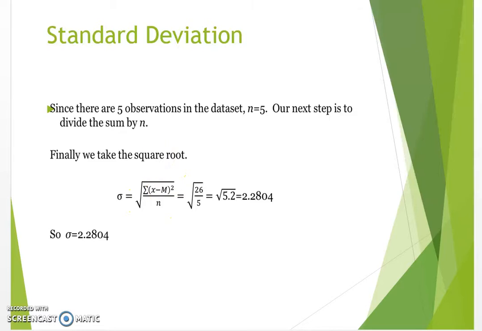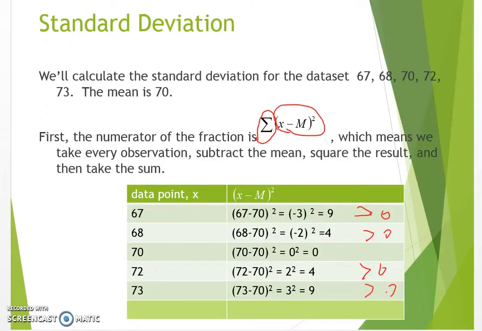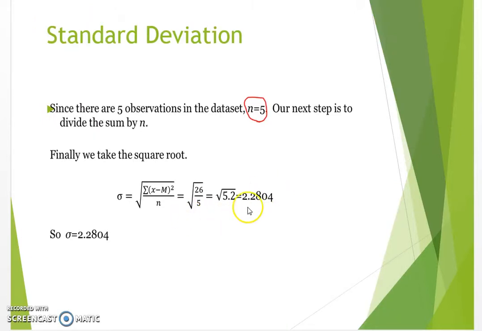Here, n is the number of items in the data set. We have 67 to 73, there are 5, so n equals 5. So we're just going to plug this in. You get the square root of 5.2, which is 2.2804.